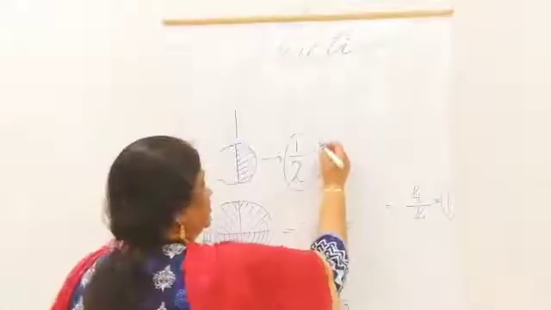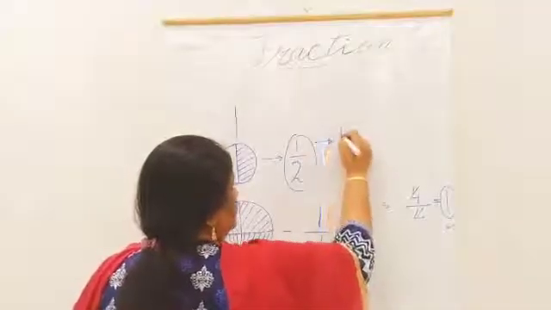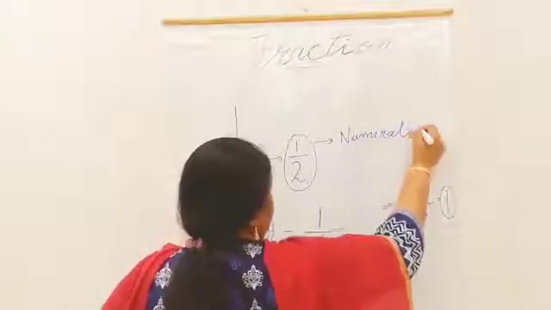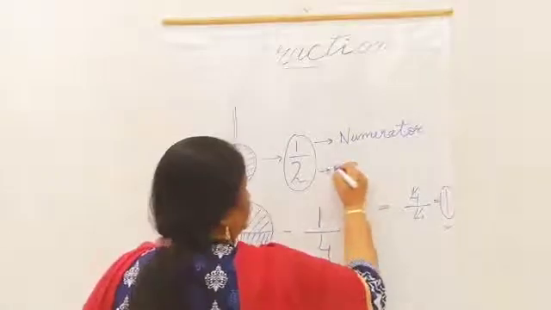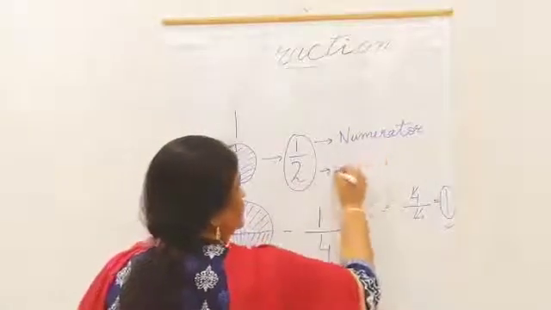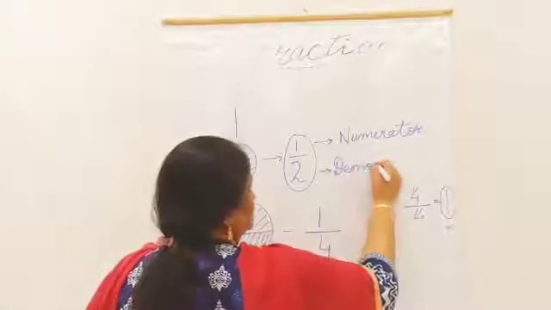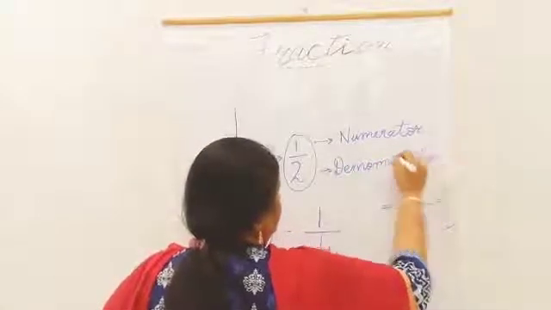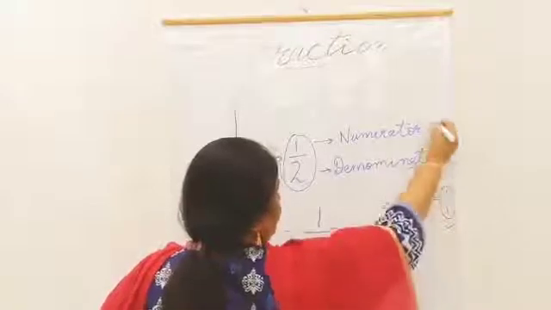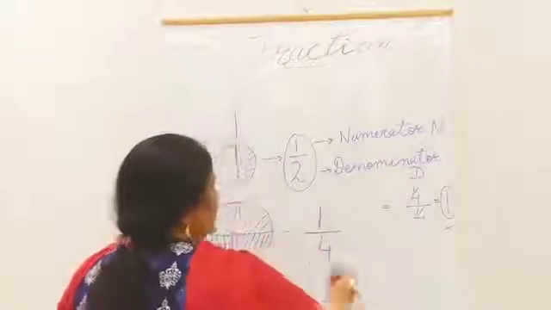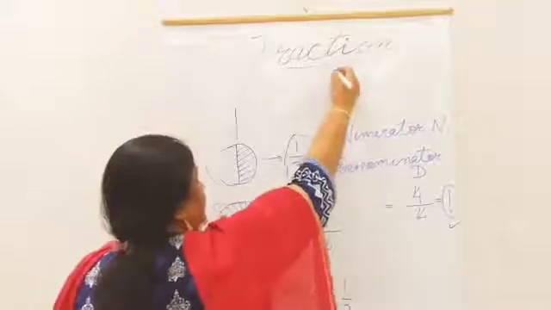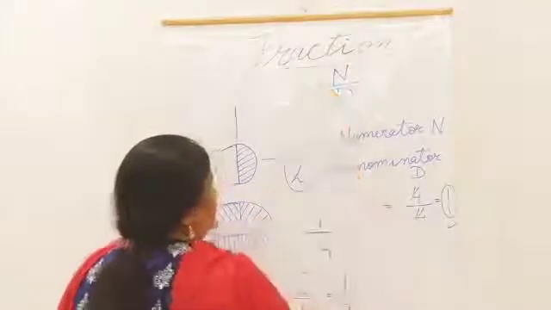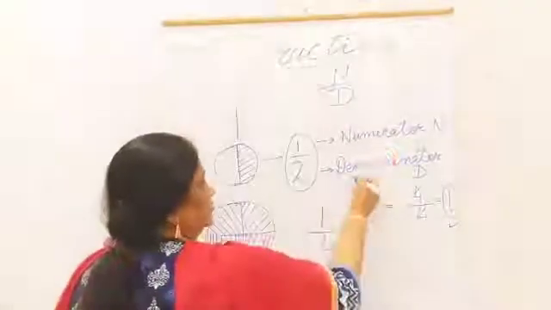The number on the top is called the numerator, and the number below it is the denominator. We can represent it with n upon D. We write numerator and denominator.